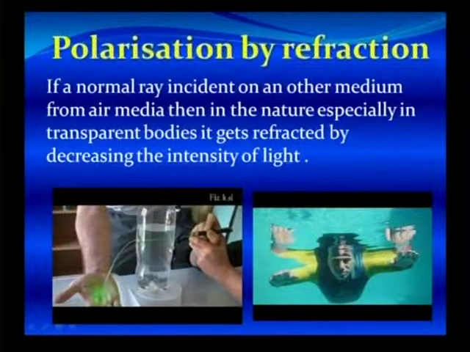Because the light is moving from one media to other media. In this picture, a man is swimming, and a slight bending is shown in his image. This happened due to refraction, because light is travelling from one media to other media.